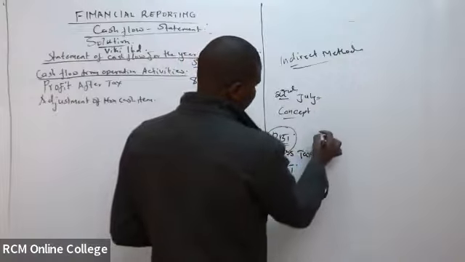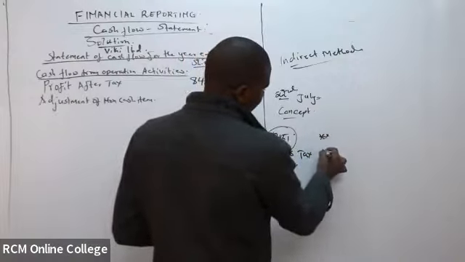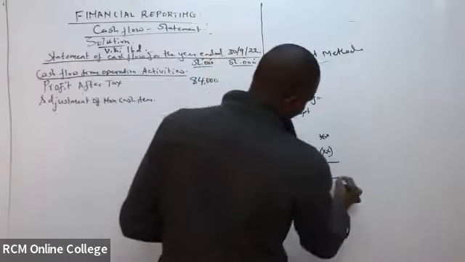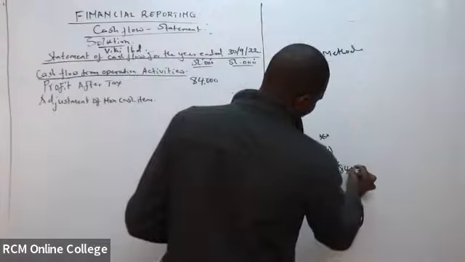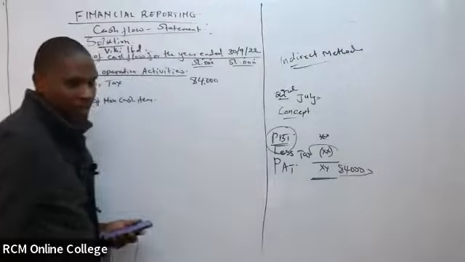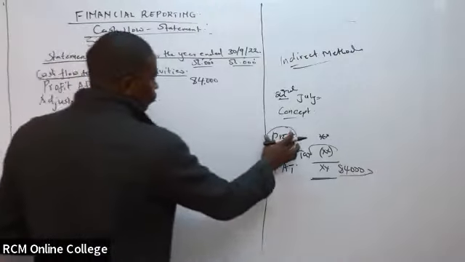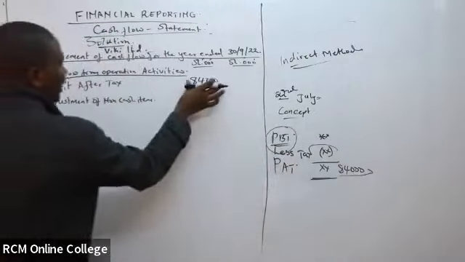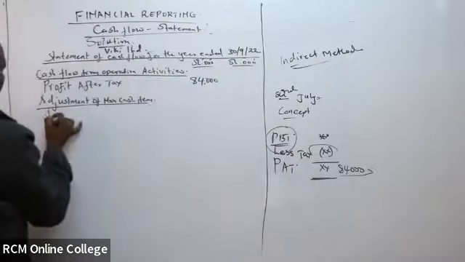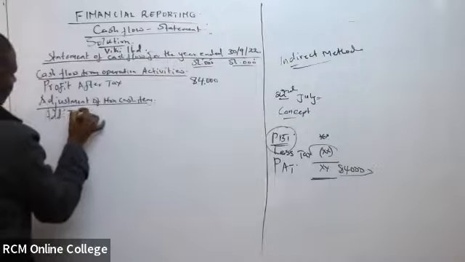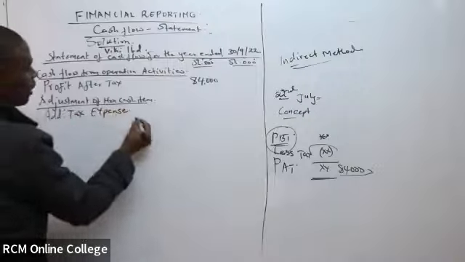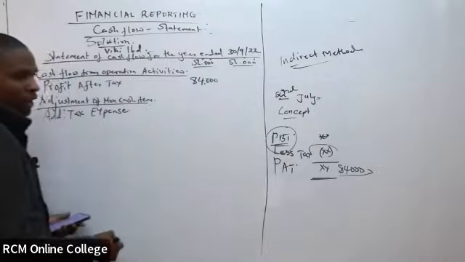For me to get this 84,000, there was tax here, and it was subtracted. To take it back to profit before tax, I adjust this by adding back what? Add tax expense. We call it tax expense. I need to add it.